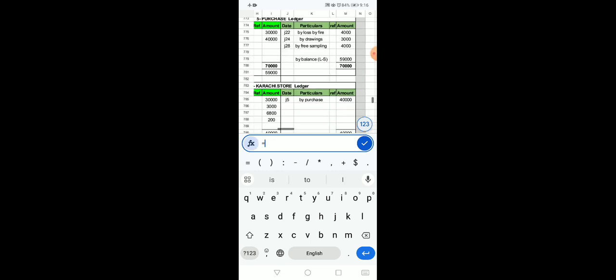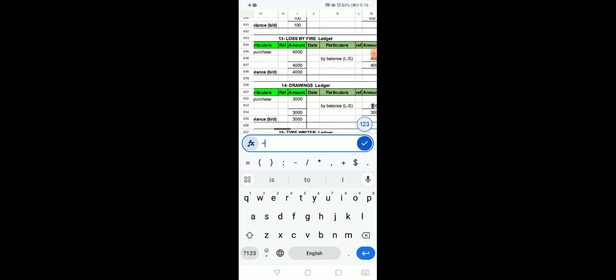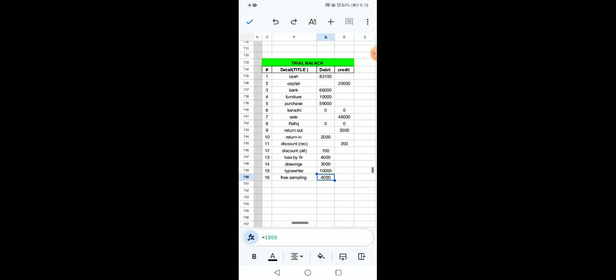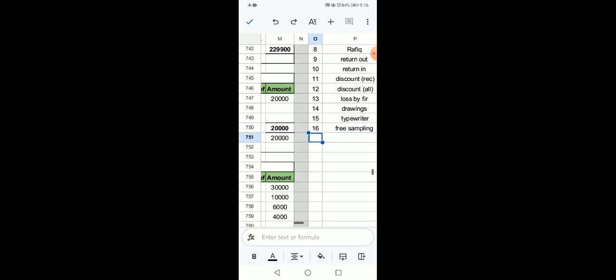Now we will see the balance brought down in the free sampling ledger. This is your ledger number 16, free sampling. The balance is brought down on the debit side. The balance was 4000. So you will choose the debit side of the trial balance and write 4000 in front of free sampling. This means recording for free sample is completed.